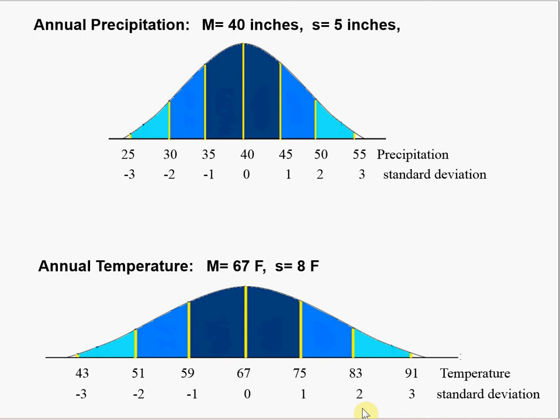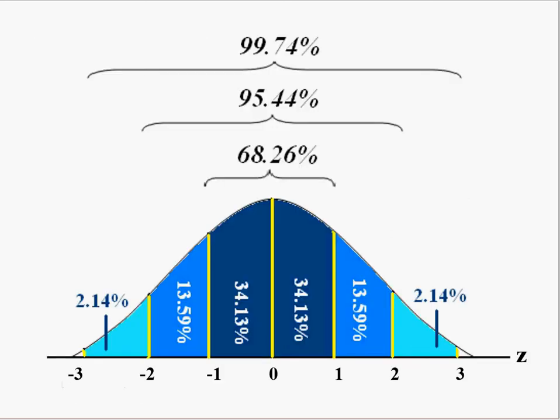We use standard deviation to relabel all these charts to come up with a common chart like this. In this chart, all these places are labeled not by the actual temperatures, actual precipitation, or actual income level, but by how far they are from their own mean in terms of standard deviation.